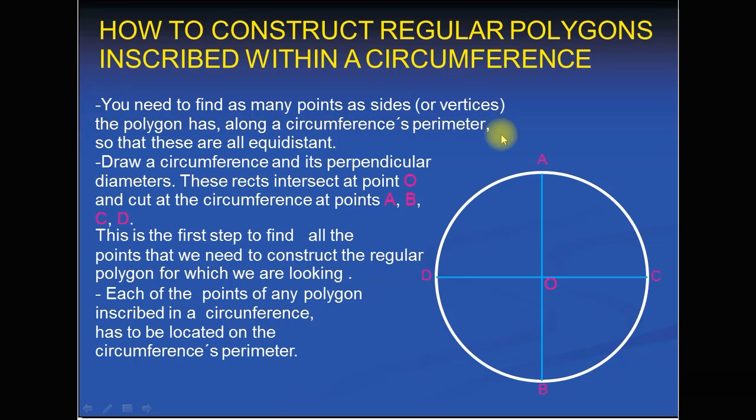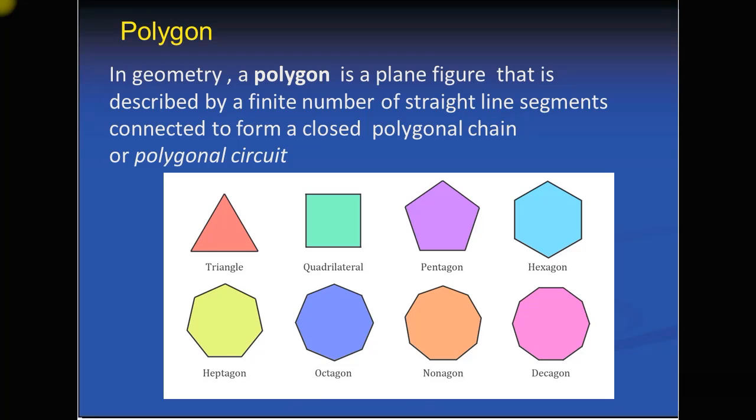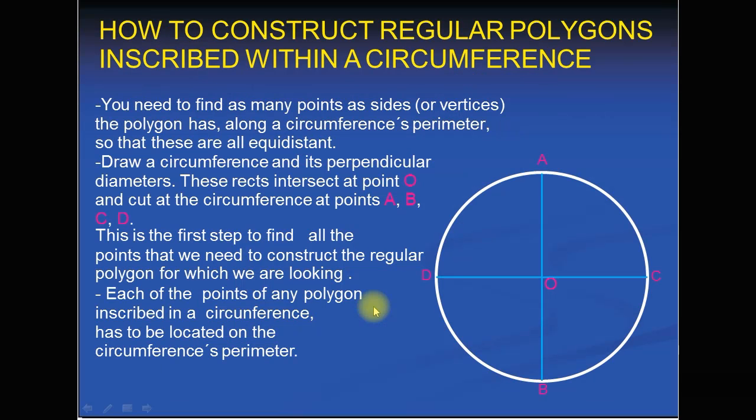Today we are going to construct just these two types of polygon, triangle and quadrilateral, and inshallah in the coming video lecture we will discuss how to construct other types of polygons.